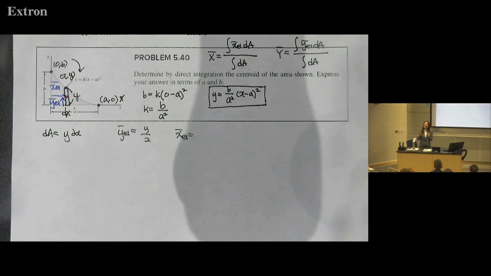Then x bar L is a little bit tricky. What do you think? What's x bar L? It is the distance from the y-axis to the centroid. Here. dx is this one, so it is much shorter than x bar L. Please use this coordinate: this coordinate here is x comma y.